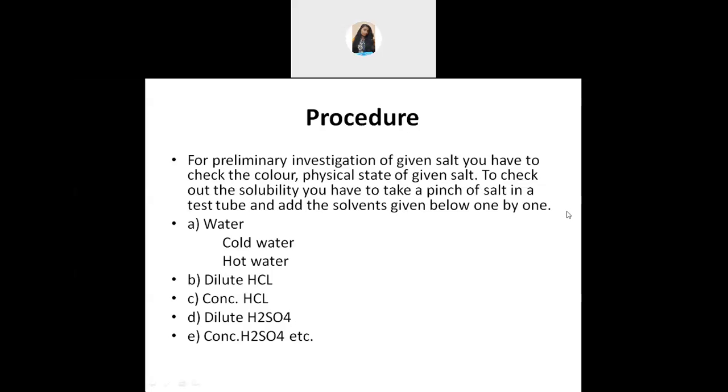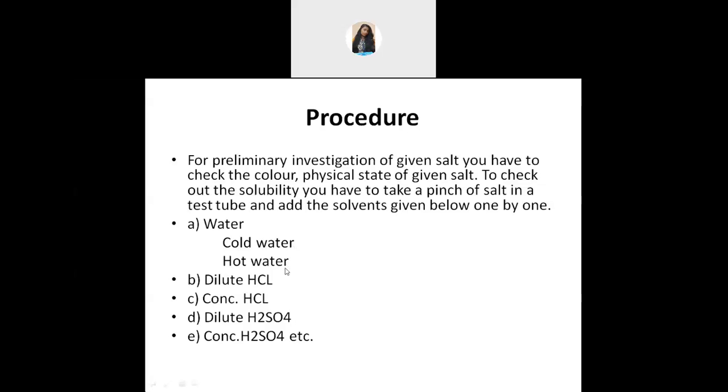So for the next salt, you have to test the solubility of all the salts. Okay, got it? So take an example, salt number 1, you found the solubility is in hot water. Got it? Next salt, you have to test that one also. For that, take a pinch of salt in a test tube and add water first.